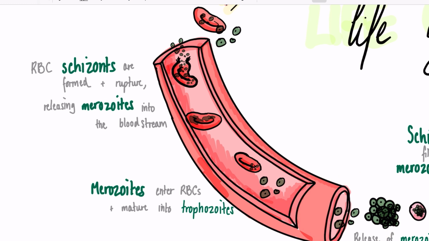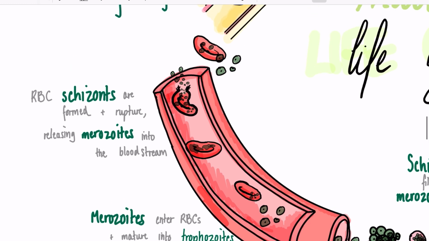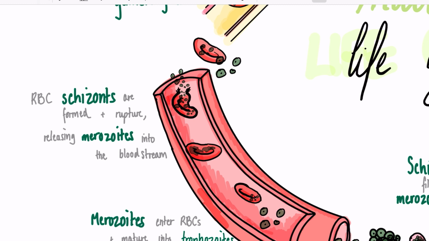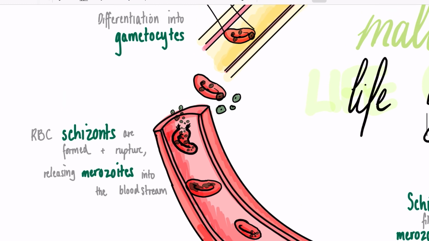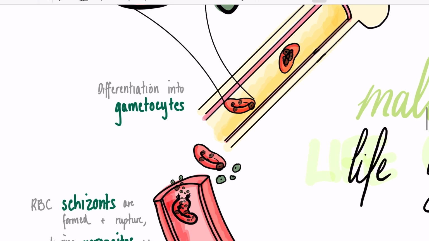And once the trophozoites have eaten up all the hemoglobin that the red blood cells have to offer and have replicated as much as they like, they cause the formation of schizonts, again, which are groups of these plasmodium. And this causes the rupture or hemolysis of the red blood cells into the bloodstream again.